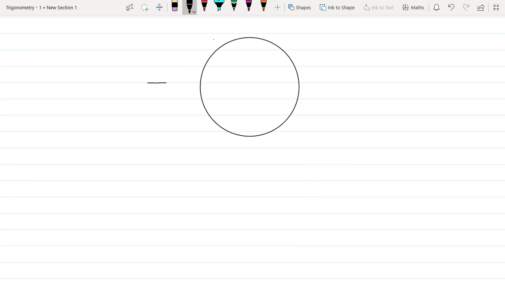So let's take the x-axis and y-axis. Suppose it is a center, so take any point P(x, y). Now this point P is lying in the first quadrant.